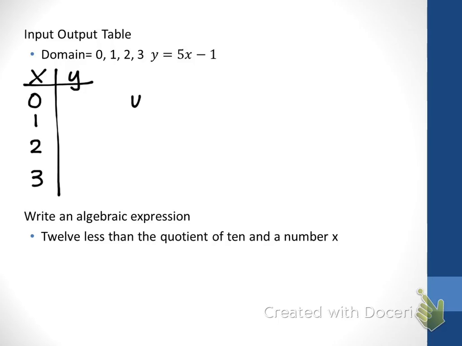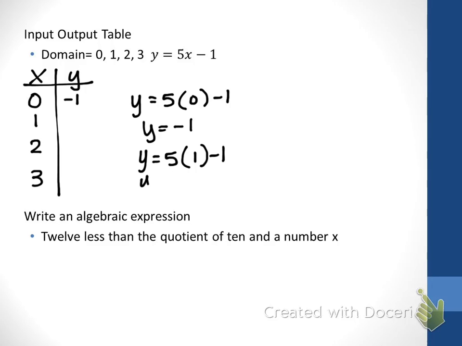So I have y equals 5 times 0 minus 1. So what's 5 times 0? 0. So y equals negative 1. Plug it into my chart. Next problem. Y equals 5 times 1 minus 1. What does y equal? 4. 5 times 1 is 5 minus 1 is 4.